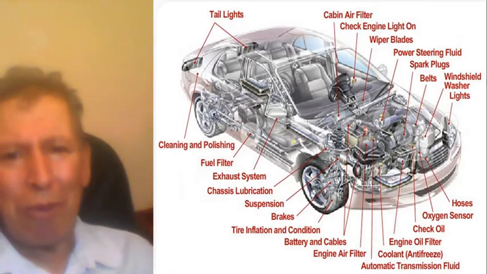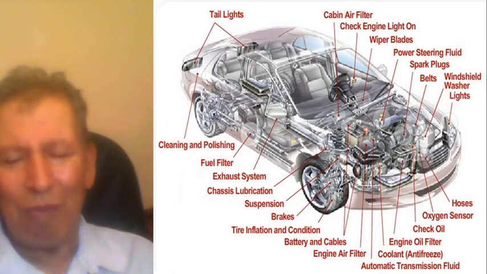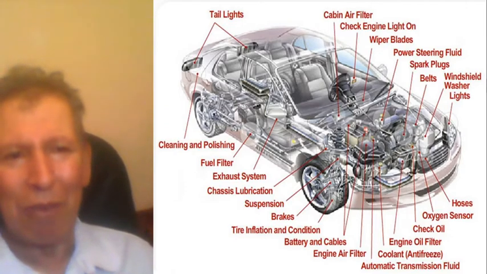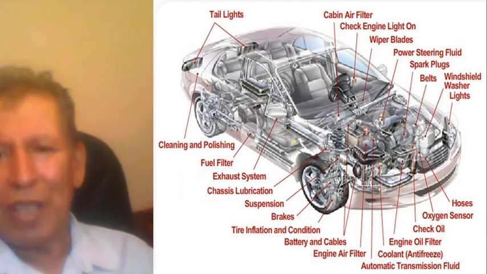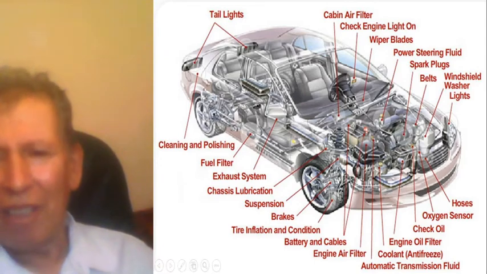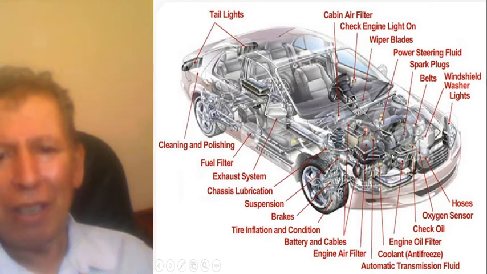This is an automobile, and let's have a look at certain parts of its anatomy. Hoses in here, the pipes that conduct water for various purposes, for a cooling system.